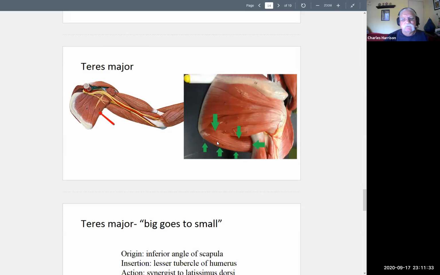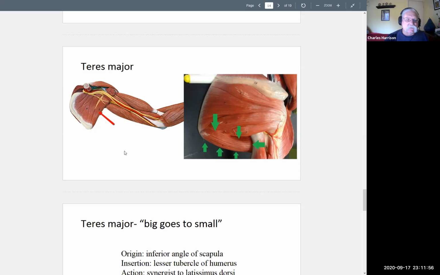Teres major is here underneath the infraspinatus. Here's the infraspinatus. This one here is the teres minor. And that we haven't had yet. I'm not asking you to be clairvoyant, or whatever the word is, mind reader.